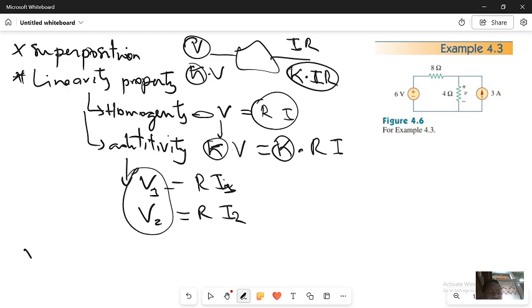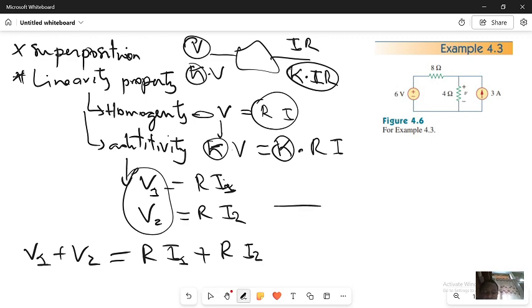If I have V1 plus V2, it should give Ri1 plus Ri2.